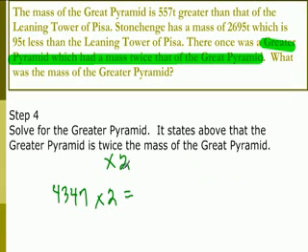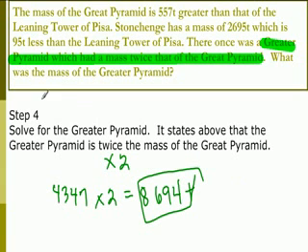So 4347 times 2 equals 8694t. So the mass of the Greater Pyramid is 8694t.